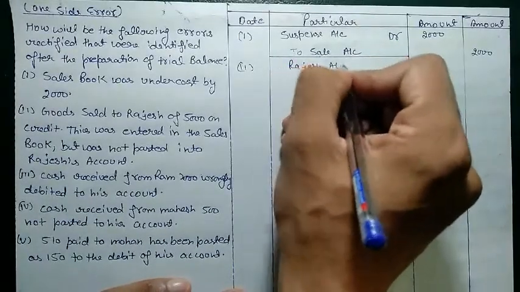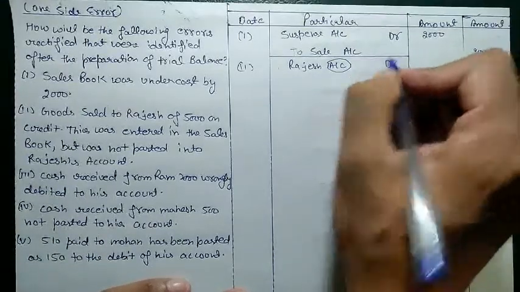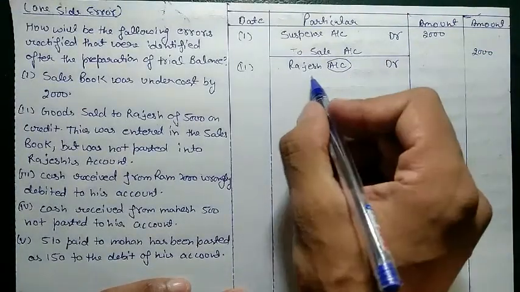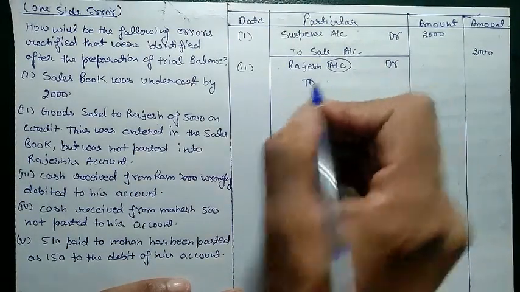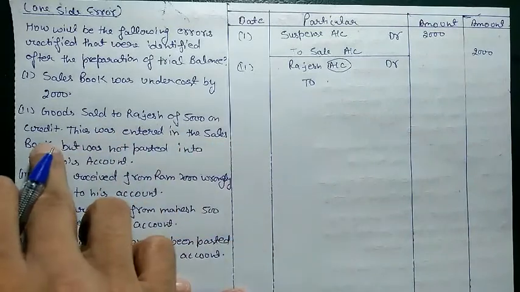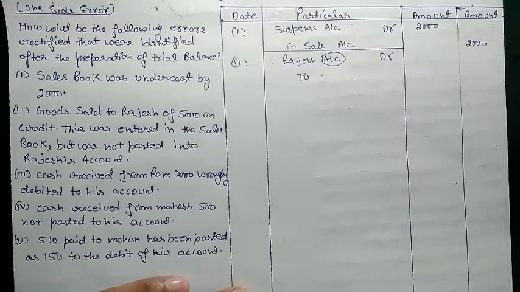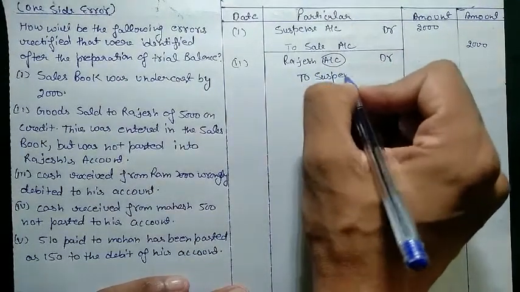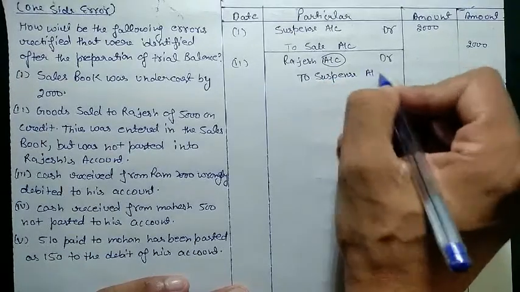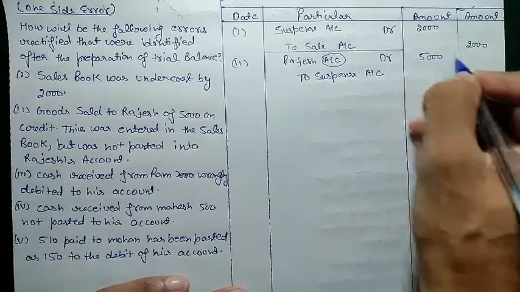Rajesh account. We don't use the word account, keep it in mind, always in front of the name. Rajesh debit to. We do not use sales here because we already entered it in the sales book; we already correctly entered it in the sales book. So what will we use? We will use our suspense account, in which we will post the amount, that is 5000.